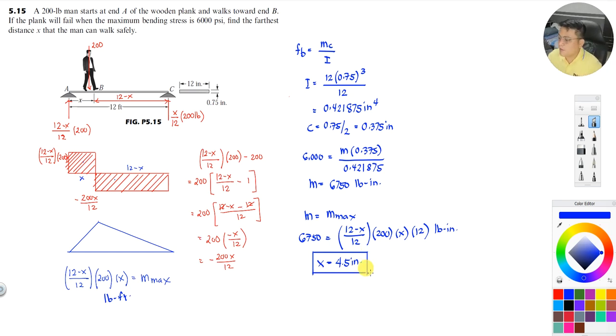Sabihin, hanggang 4.5 pwede siyang maglakad. So, 4.5, longer than that, babagsak na yung plank mo. Okay? So, hindi siya makakarating ng gitna. Okay? So, that's it for this problem. Question po? Okay. If none, I'll give you 5 minutes to copy.